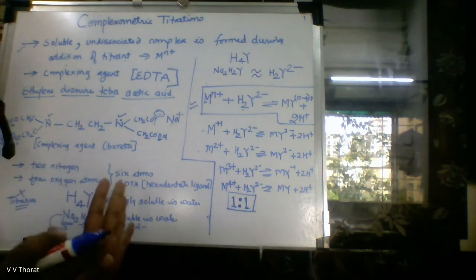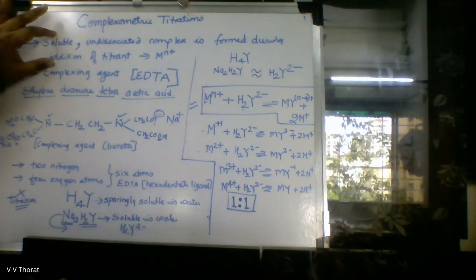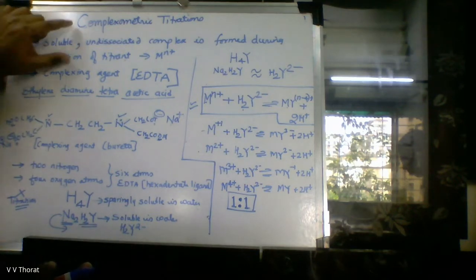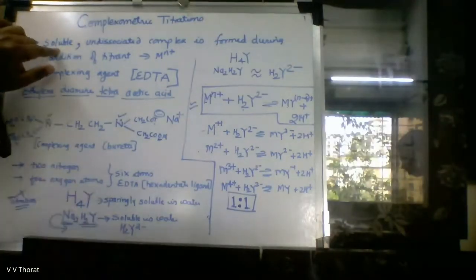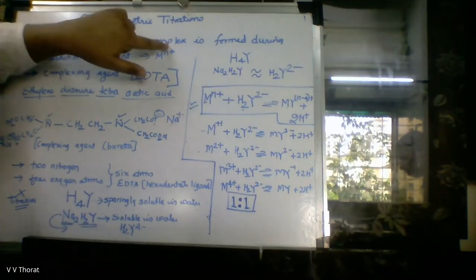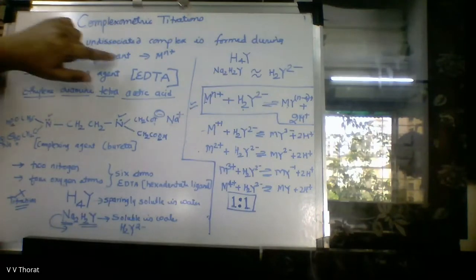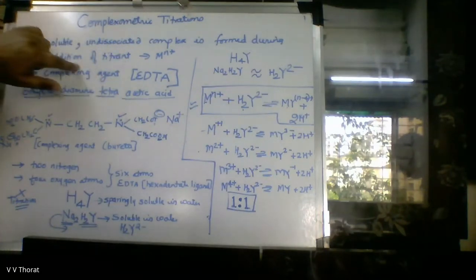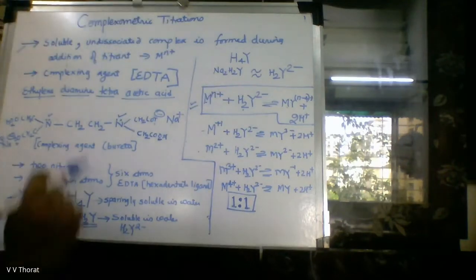I'll revise the full part. First, we discussed what is complexometric titration, in which a soluble, please the word soluble should be there, undissociated complex is formed during the addition of titrant, matlab complexing agent, to the metal ion solution.